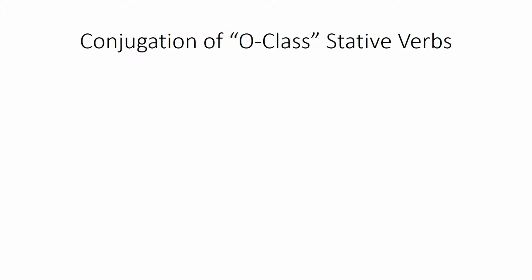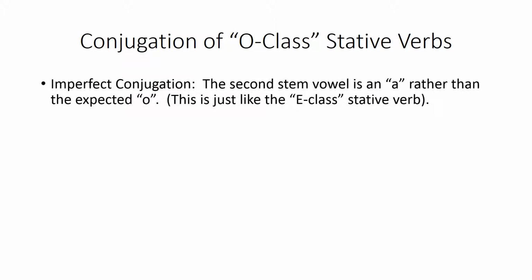Okay, those were the conjugations of the E-class stative verbs. Let's look now at the conjugation of O-class stative verbs. In the imperfect conjugation, the second stem vowel is an A rather than the expected O. And this is the exact same rule. It's just like with the E-class stative verb.